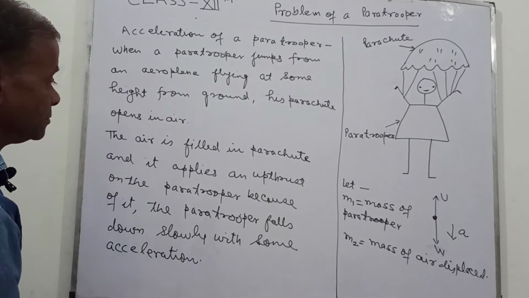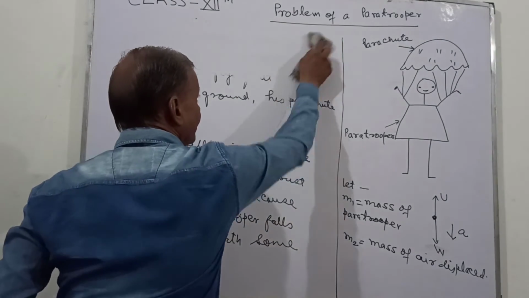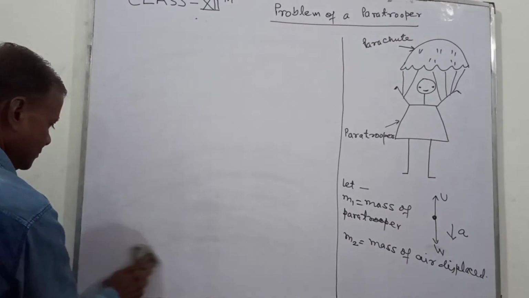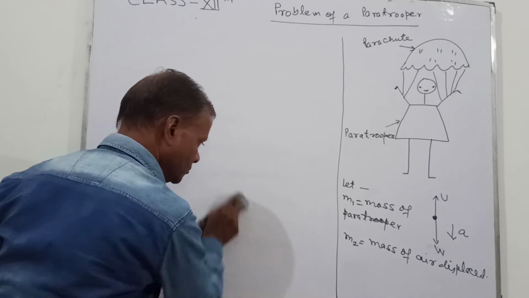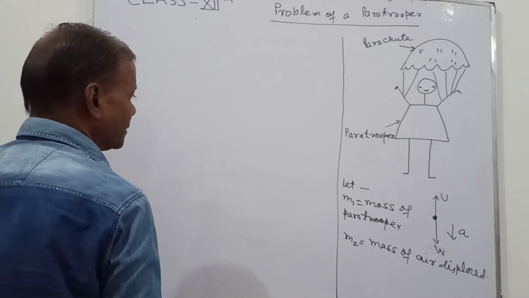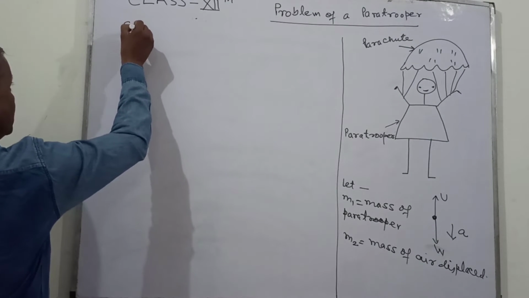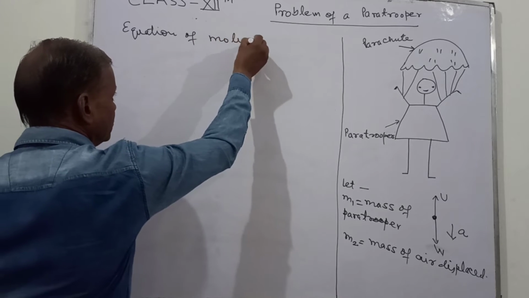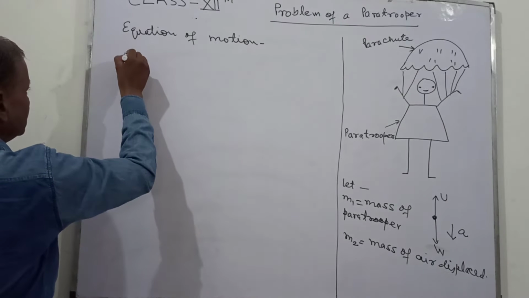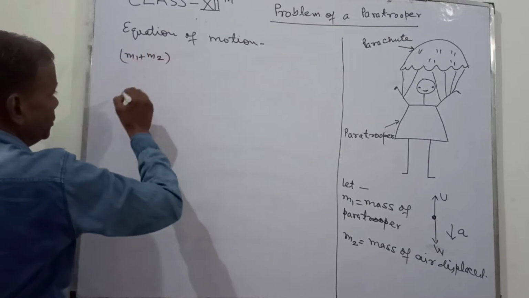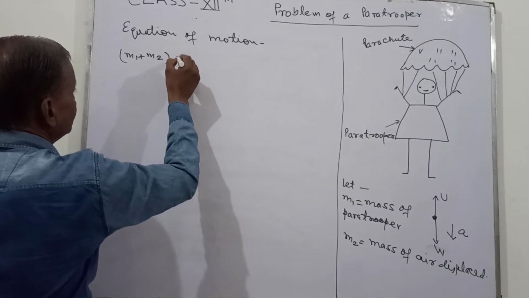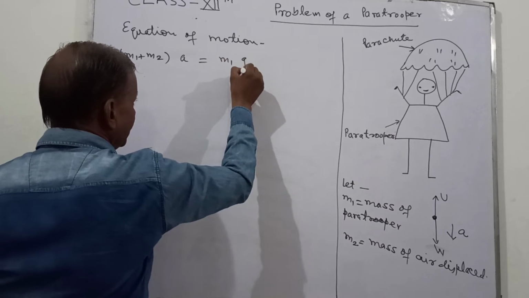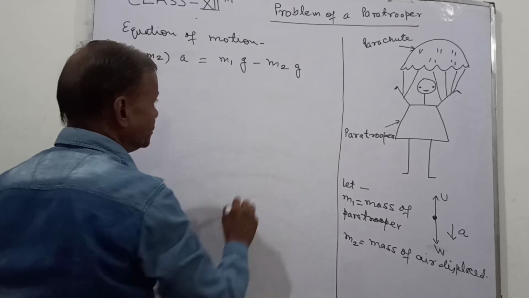So now the equation of motion will be: (m1 plus m2) into a equals m1g minus m2g.